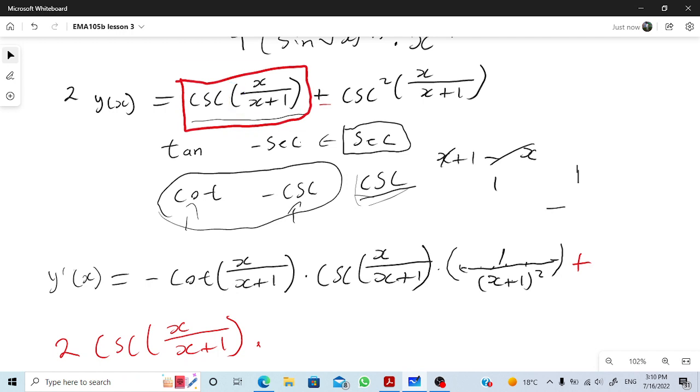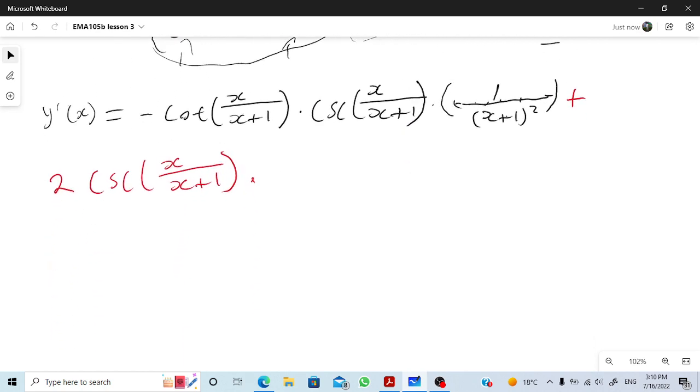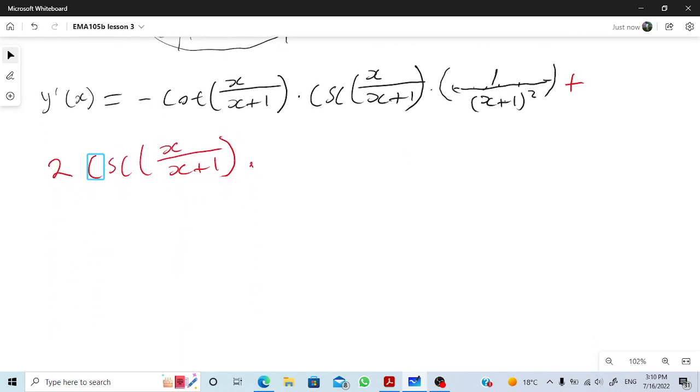If you differentiate this, you are going to be left with what we wrote in black here.